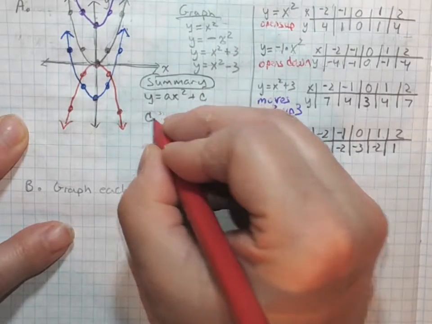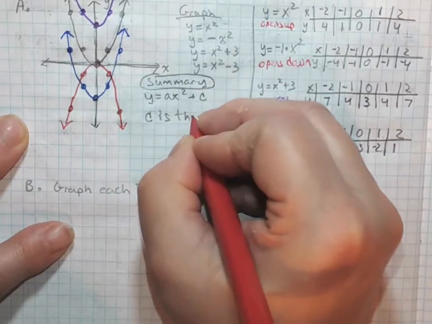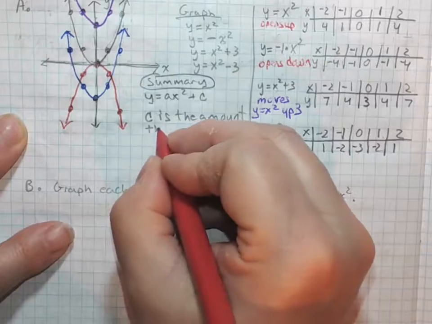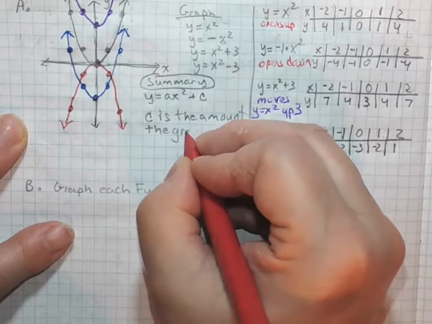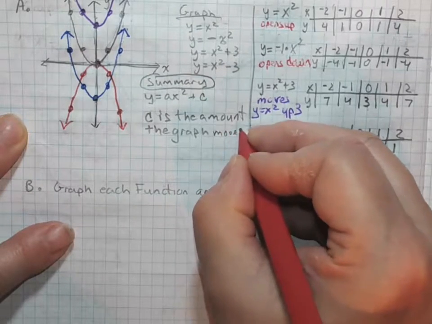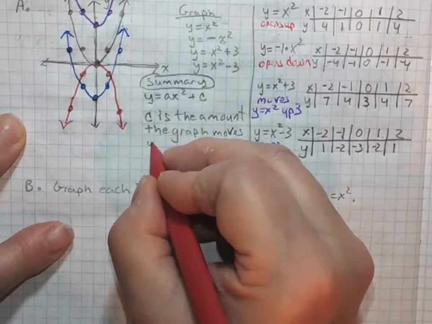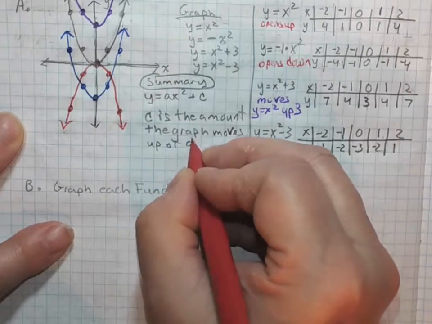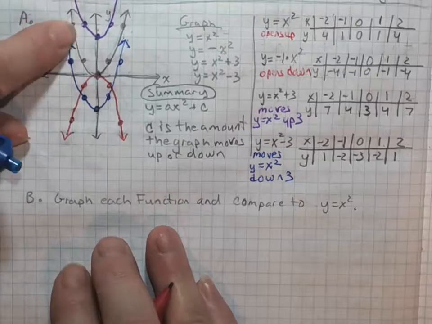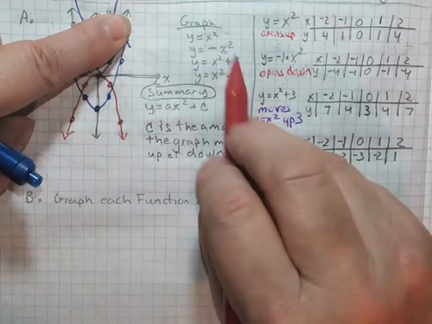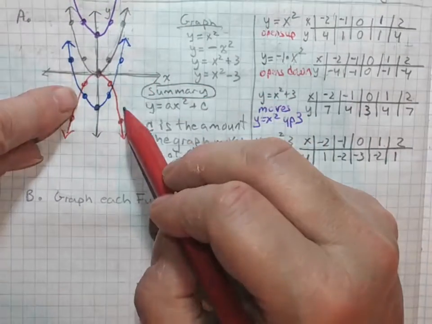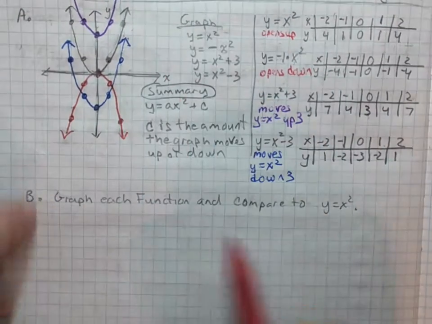So c is the amount the graph moves up or down. So if you learn to quickly graph y equals x squared, then all of these graphs you can quickly graph just by moving the points the right amount, up or down.